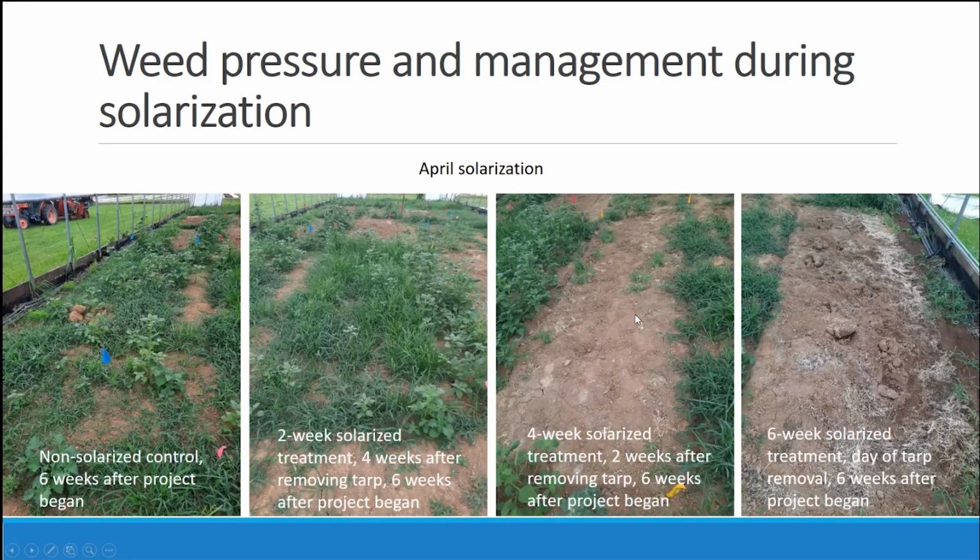The 4-week solarized treatment, this is 2 weeks after the tarp was removed. That still looks pretty good. And this is the 6-week treatment, the day the tarp was removed. That looks pretty promising, honestly.